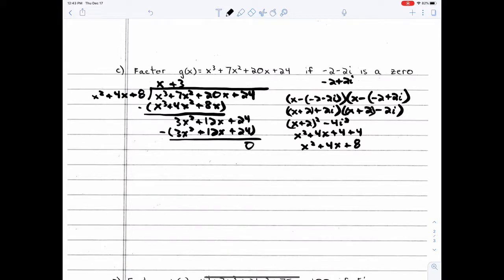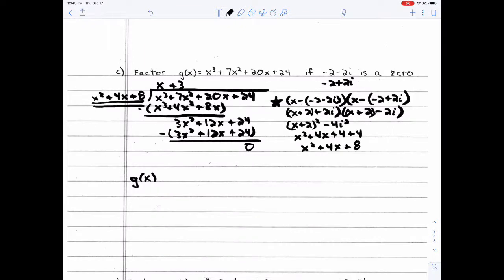Good. Now, what do we do? We write divisor times quotient. But something I want to point out: this is the divisor, right? But I'm not going to write that. I am going to write the divisor, but not that. Why? Because I want to factor it. This is not the divisor factored. What's the divisor factored? This thing over here, right? That's what gave us the x squared plus 4x plus 8.